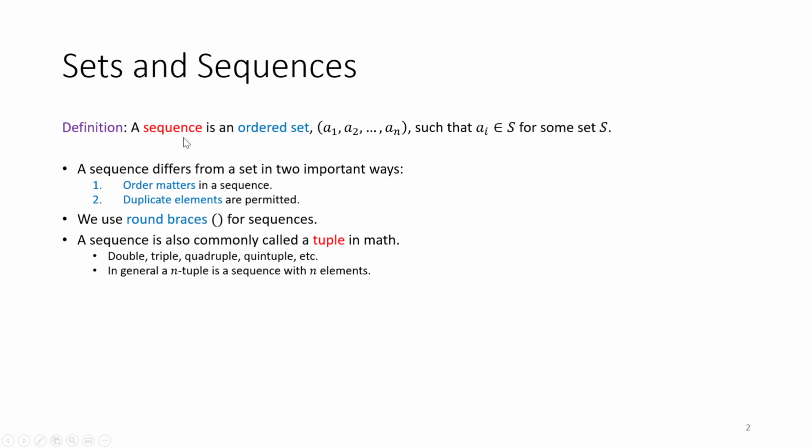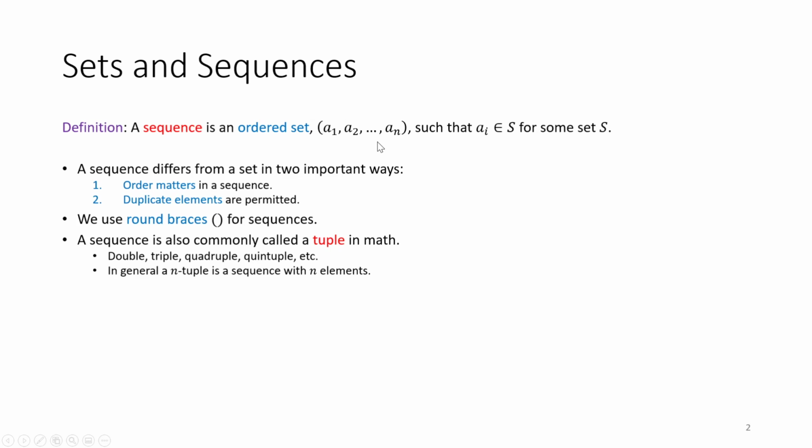So what am I saying a sequence is? I say here it's an ordered set. Let's remind ourselves that a set has a couple of properties that are important to highlight because of the differences between a set and a sequence. Since a sequence is an ordered set, the order in which we place the elements matters.